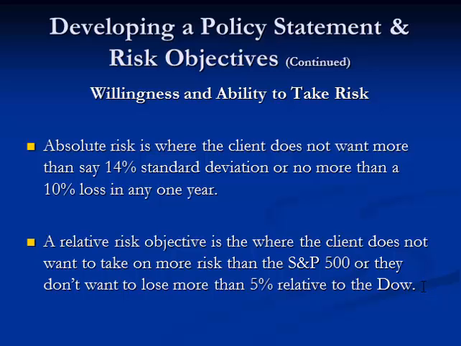Another, even more common approach to looking at risk is a relative risk objective. That's where your client may say, I don't want to take any more risk than the S&P 500 or the Dow Jones Industrial Average, and I don't want to lose more than 5% than what the Dow does, for example. That's basically keeping up with the Joneses in terms of risk perspective.